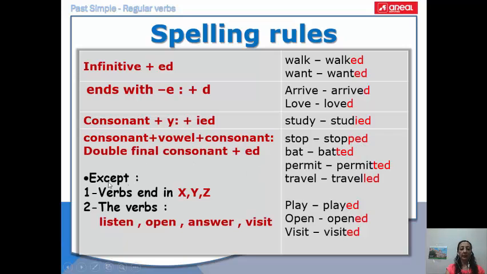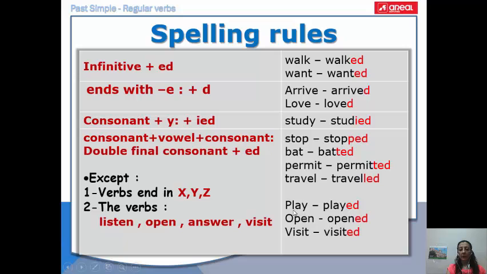Okay, we have two exceptions. As we know, the verbs that end in x, y, or z, we don't double the final consonant. Also, the verbs listen, open, answer, and visit also don't double the final consonant. So here we find play.